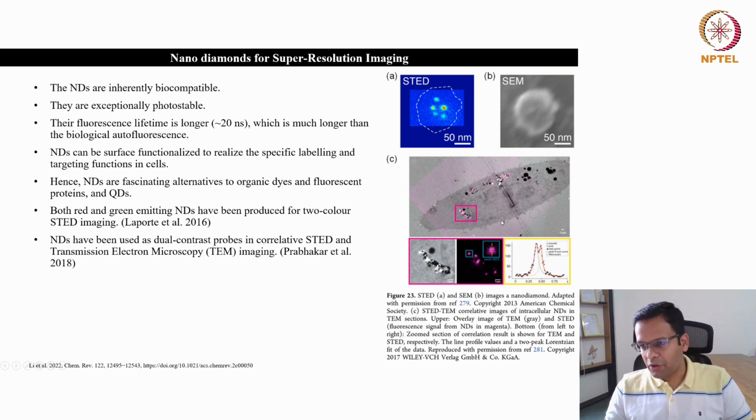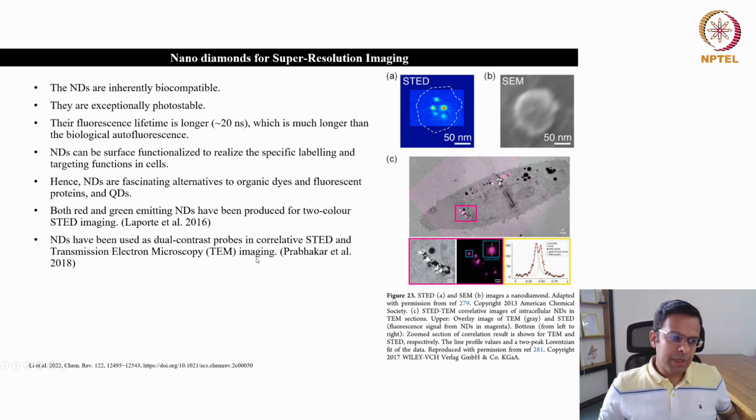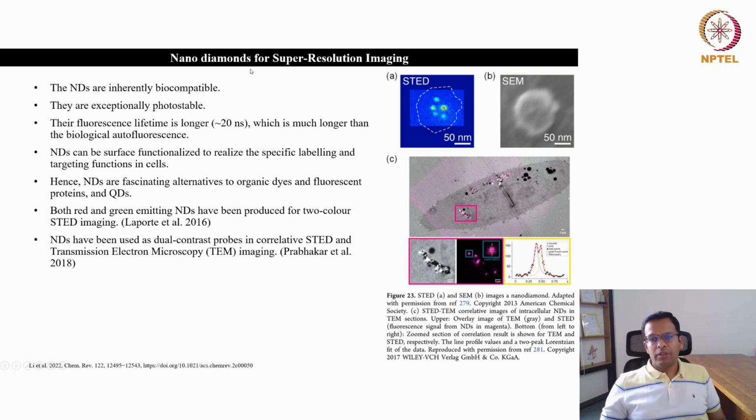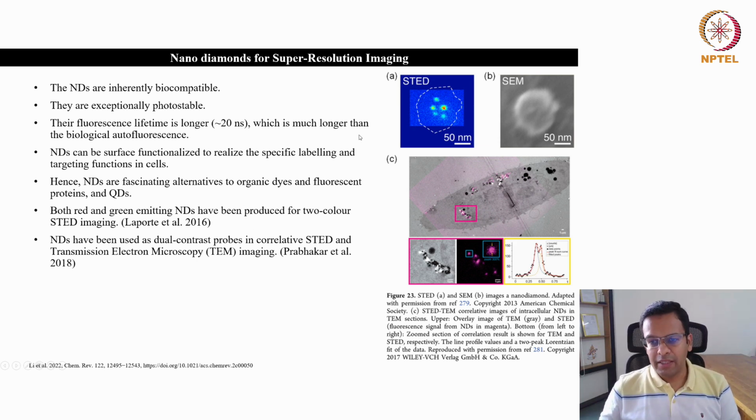There is the electron micrograph, and it is superimposed with the STED image of this area, and you can see the structure in detail along with the fluorescent molecules with high resolution. So this is known as correlative microscopy, and these nanodiamonds can be used for correlative microscopy as well, because they can be seen by the electron microscope also.